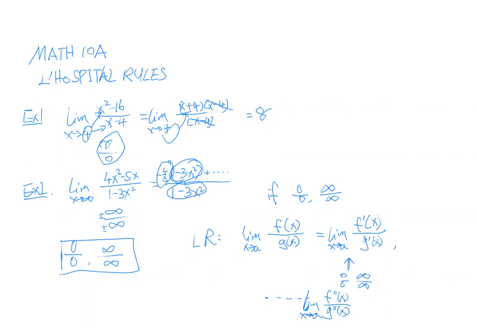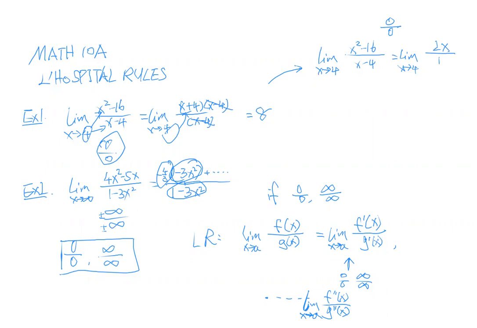Okay, so let's do these two examples with this formula to see how it looks. So we're doing the limit as x goes to 4 of (x squared minus 16) over (x minus 4). Now look, we have 0 over 0, so we can apply the rule, which gives us 2x over 1.